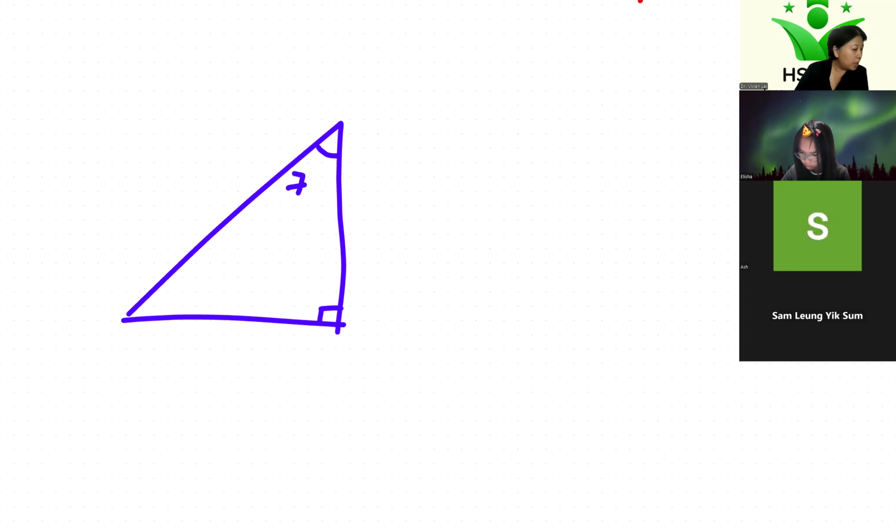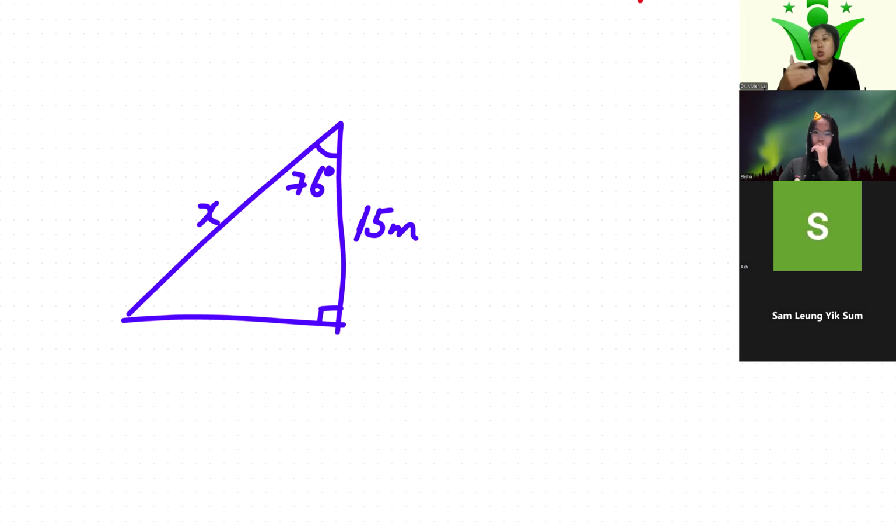And then we have 15 meter here. And now we want to get our x. We want to know the length of the hypotenuse. What is the length of the hypotenuse?